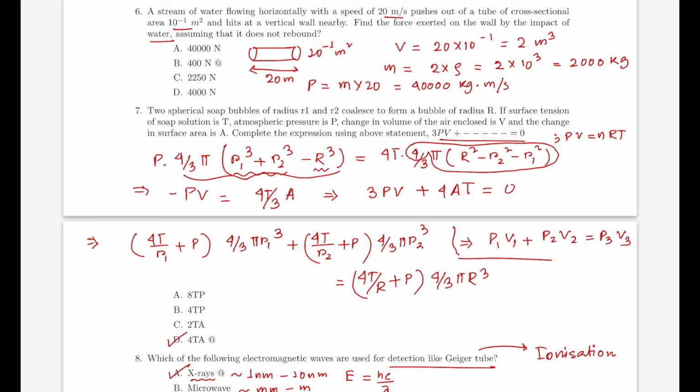So the force is delta P over delta T. In the interval of 1 second, the water coming out has a momentum 40,000 kg meter per second, and after collision the momentum becomes 0. So F is 40,000 divided by 1 second, so the force is 40,000 Newton, but in the official answer key it is given as option B.